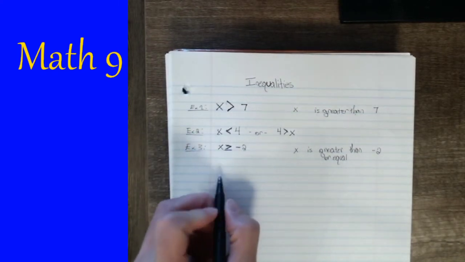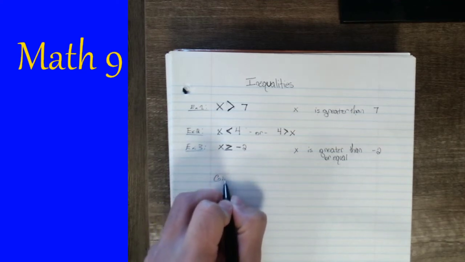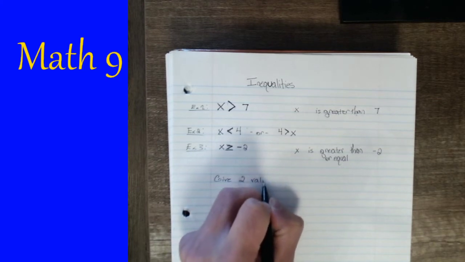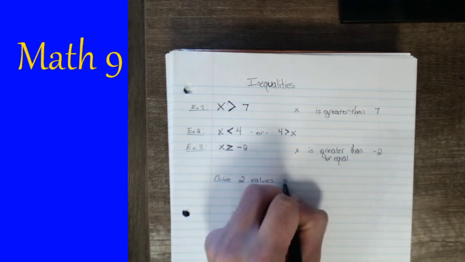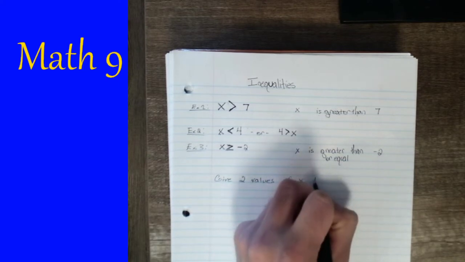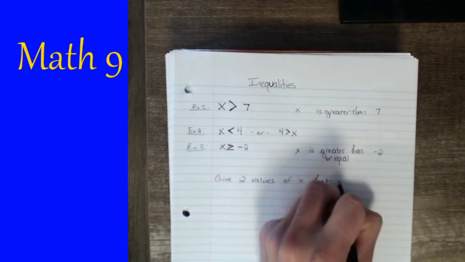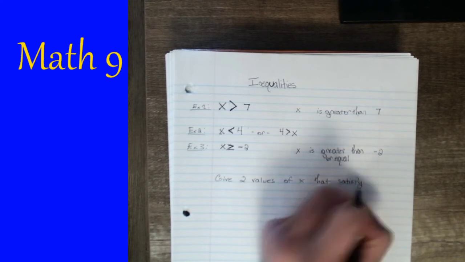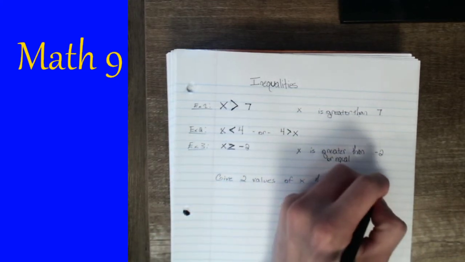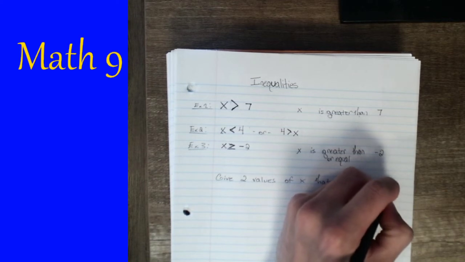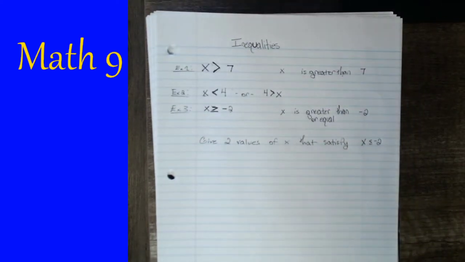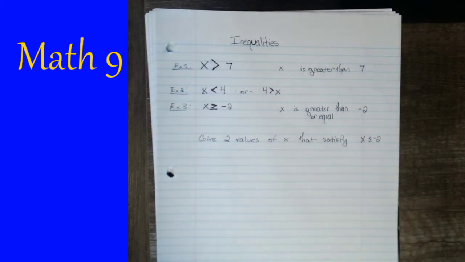Let's take a look at a type of question we could have here. Give 2 values of x that satisfy x is less than or equal to -2.